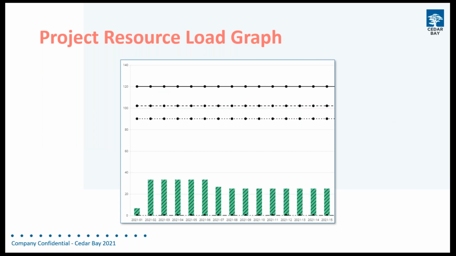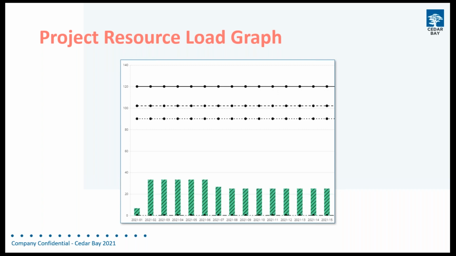Then here is the view when we look at this in terms of load. What I've got here is the load graph as it looks from that one project that I've just been loading resource hours onto. The very top line on this graph is the maximum number of hours available, based on our calendar.